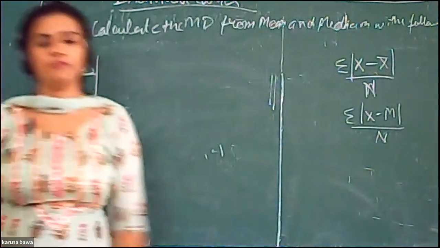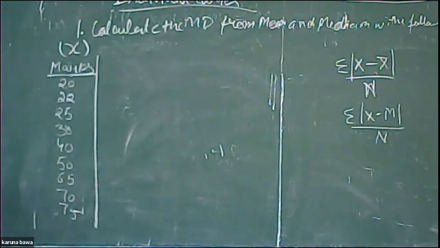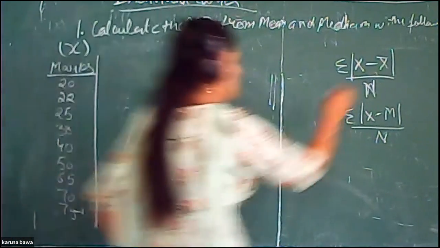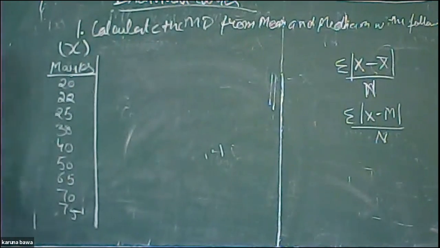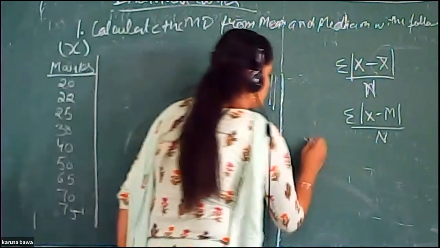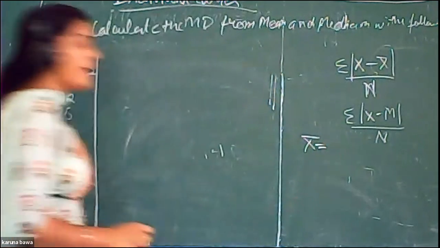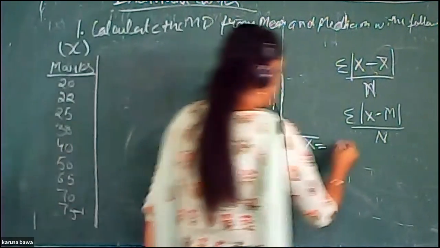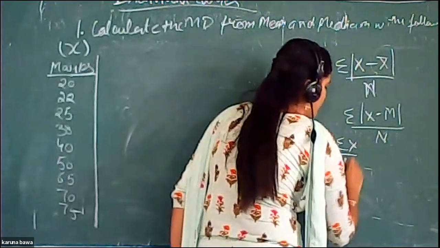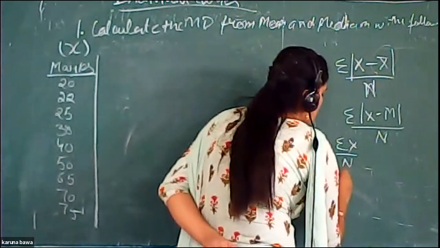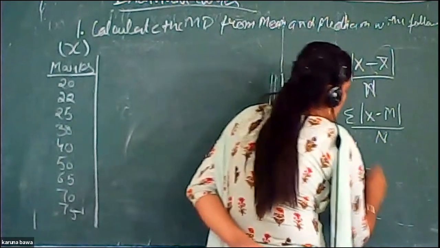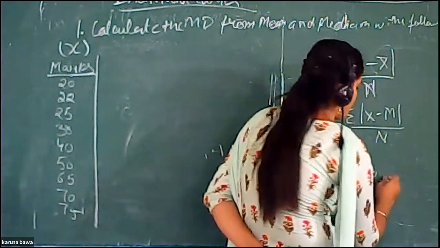First of all, we find out the mean value. As we know, the formula is summation x over n, where summation x is the total of the values and n is the number of observations.